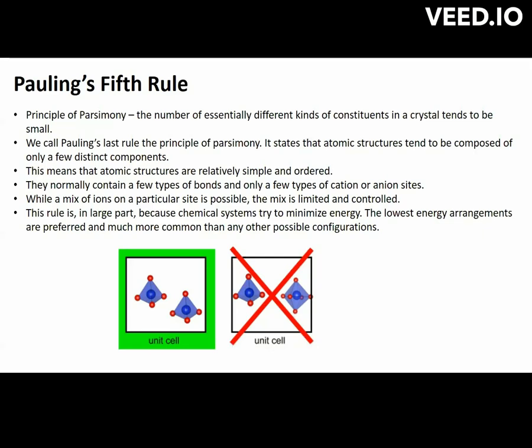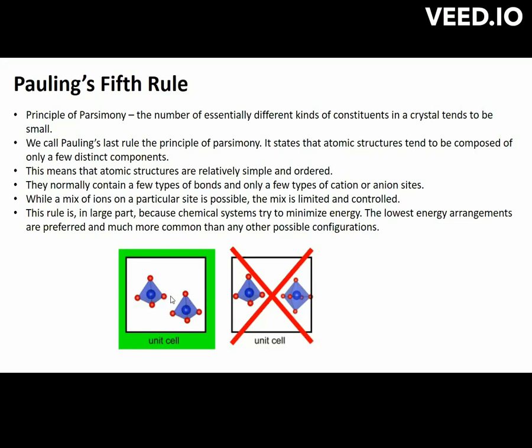So crystals with unit cells that only include one kind of coordination environment of chemically identical cations are going to be more stable. These are more stable because they've got only one kind of coordination environment of chemically identical cations.